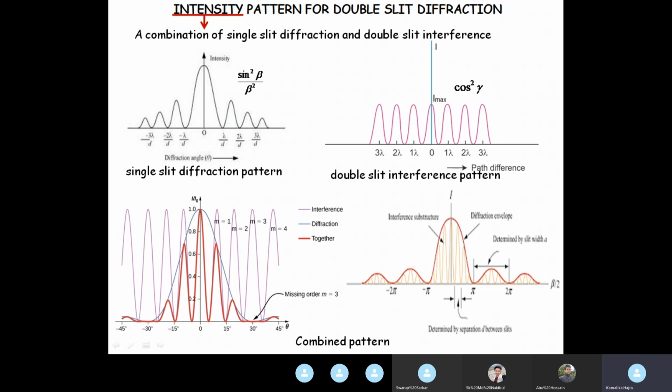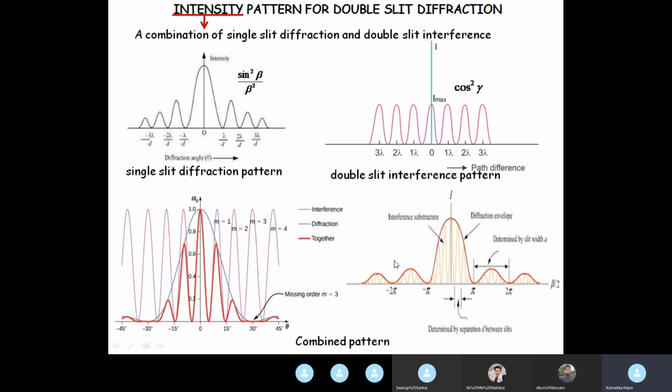And you can realize what happens in Young's double slit experiment, where we see only double slit interference, only this, and not this combined pattern. Although of course, since there are two slits, double slit diffraction will be occurring. As I told you, the change in this sine square beta by beta square is extremely small. When the value of b is so small, this is changing very, very slowly.